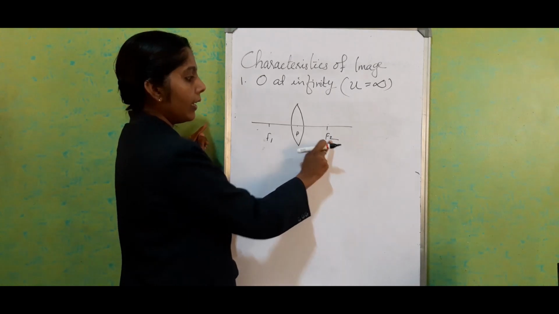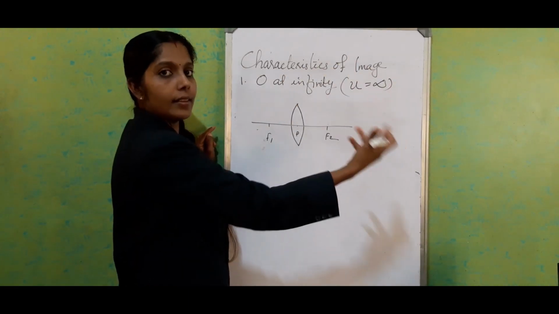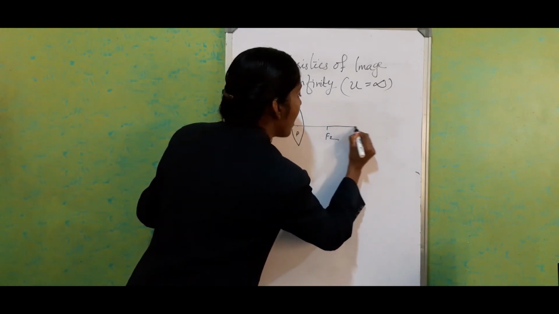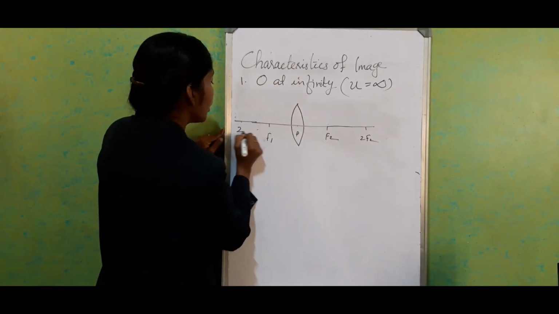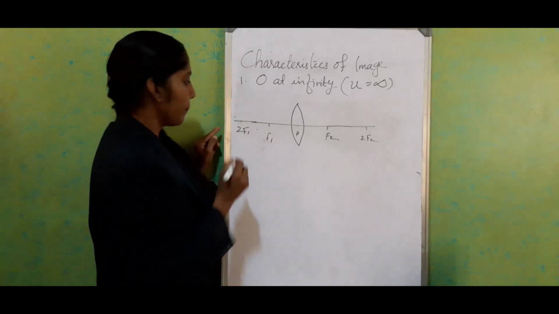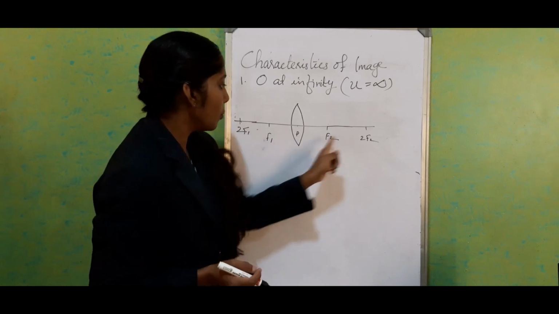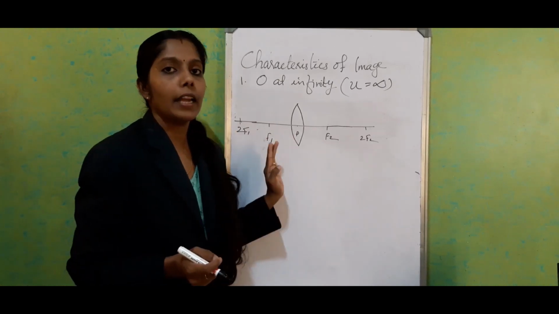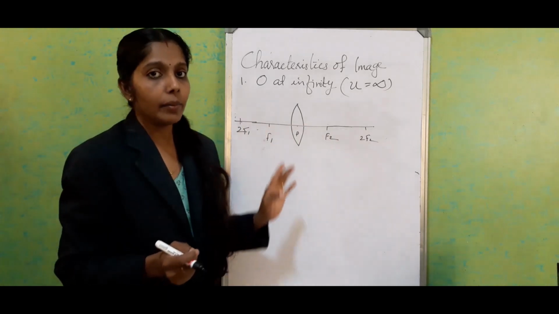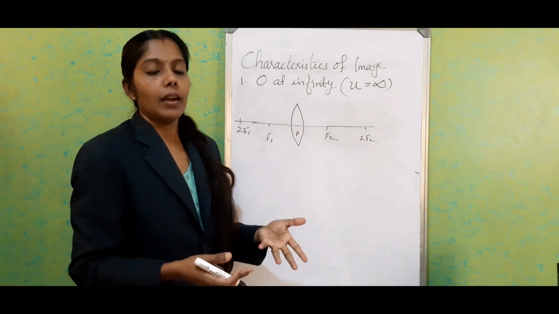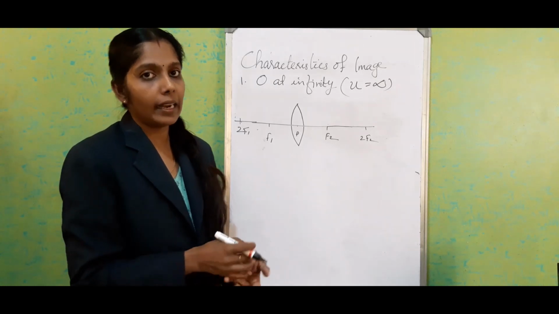Not only F1 and F2, we also have to mark double the focal length, 2F2 here, and in the same way 2F1 here. So minimum 5 notations should be there on the ray diagram. Then only we will get the correct position of the image and object.